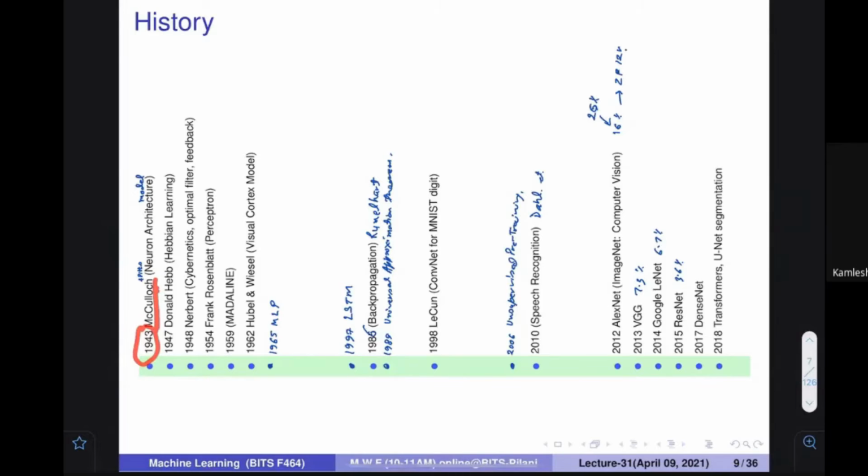McCulloch and others presented a way to describe the mathematical architecture of the neural network. They were the first to say that there is some cell, some values are given to it, there is a function, and on this function some activation is applied and you get the output.